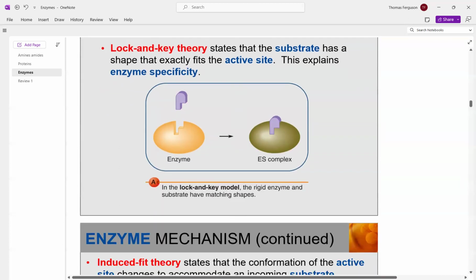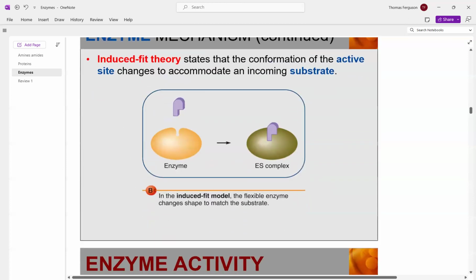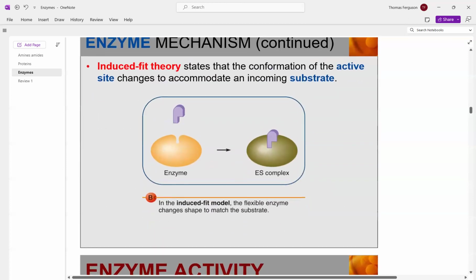The other theory, which is designed for more non-specific substrates, is induced fit. In other words, when the substrate comes in, the active site will conform to the substrate, as opposed to the lock and key, where the substrate has to fit there exactly.